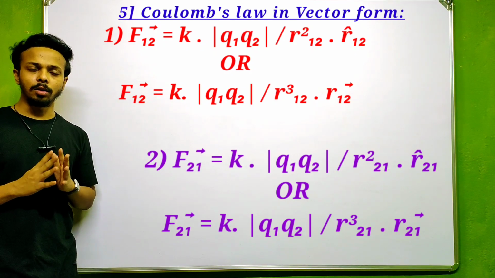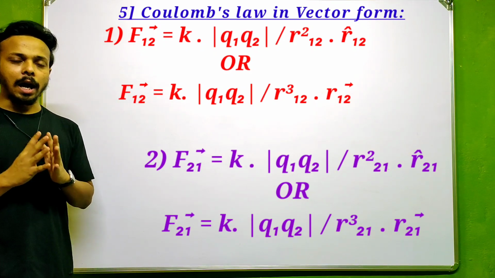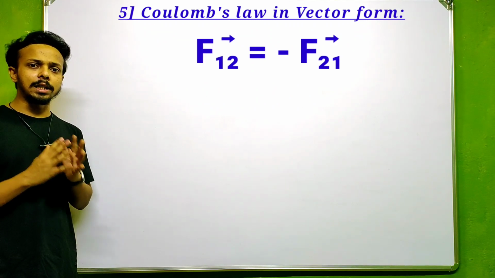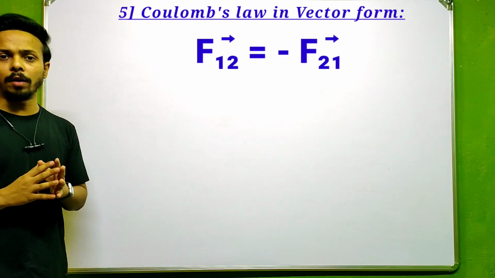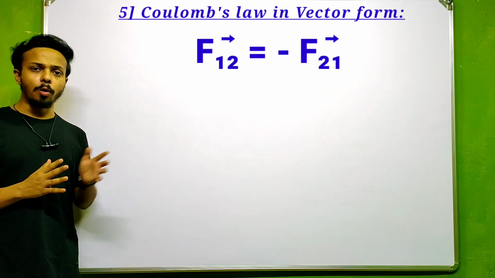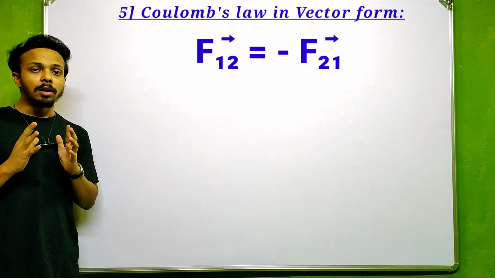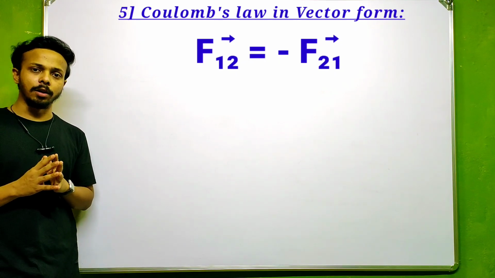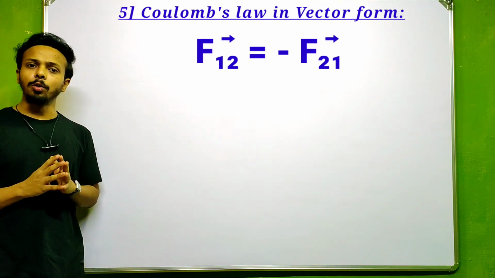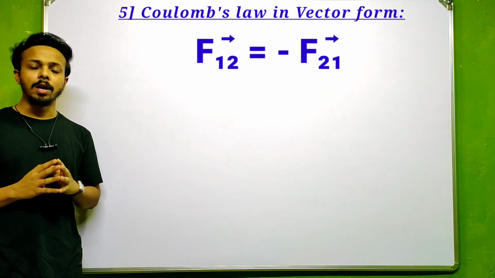You got this one? Okay, I hope you understand this well. And guys, here we have to understand that the F12 vector is equal to minus of F21 vector. Means this Coulomb's law obeys Newton's third law of motion. Means the force between these two charges obeys Newton's third law of motion.